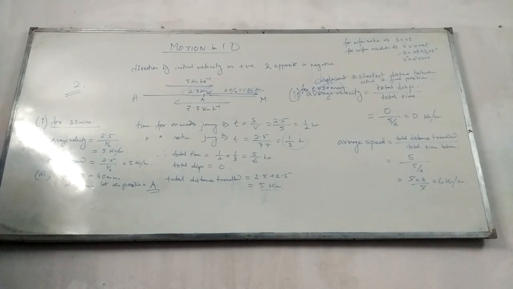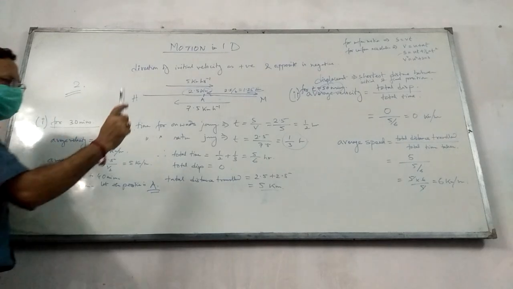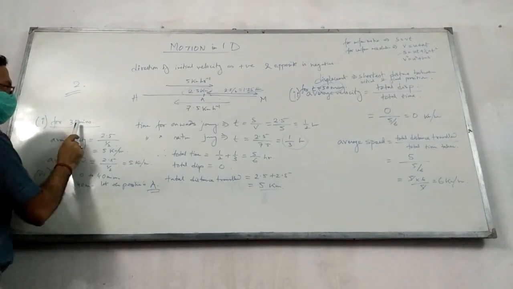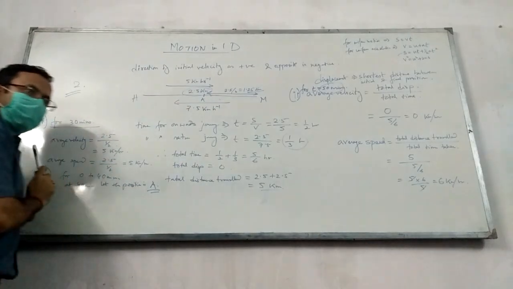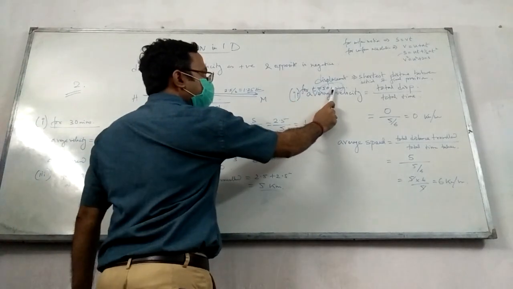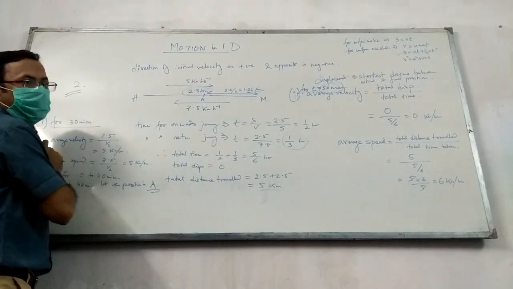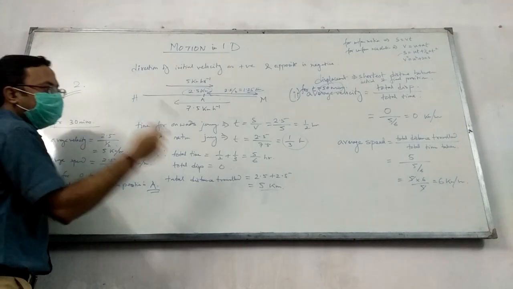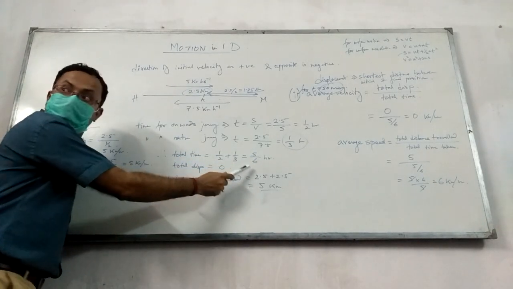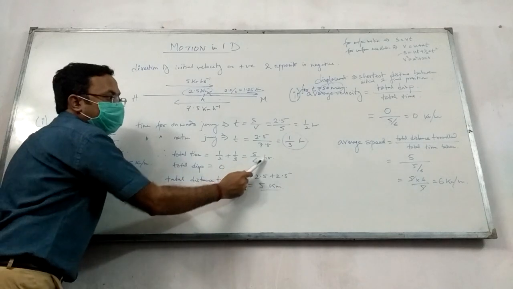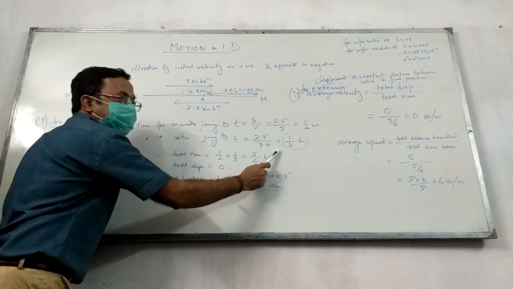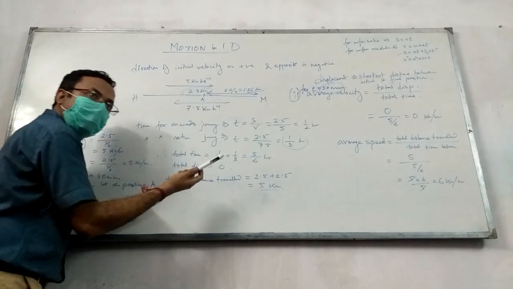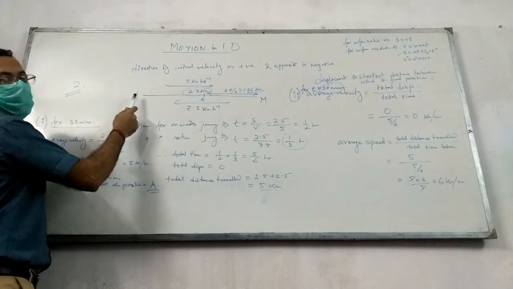Why did A come in the middle? Why did I do 2.5 by 2? Let me explain again. Listen, at t equal to 30 minutes it reached the market and at t equal to 50 minutes it came back home. Where did we get that? Look, 5/6 into 60, 60 and 60 cancel, then 10 into 5 is 50, that means at 50 minutes it returns home.